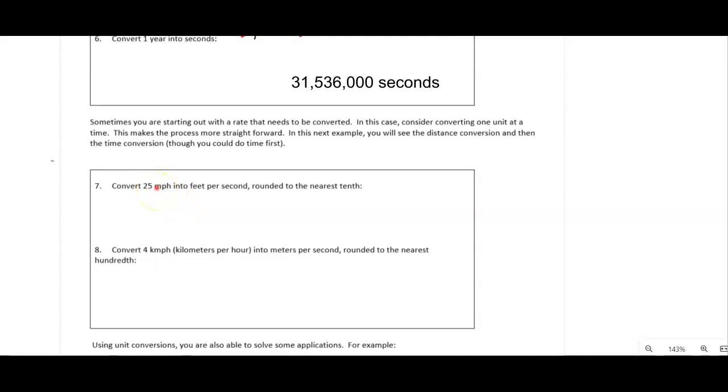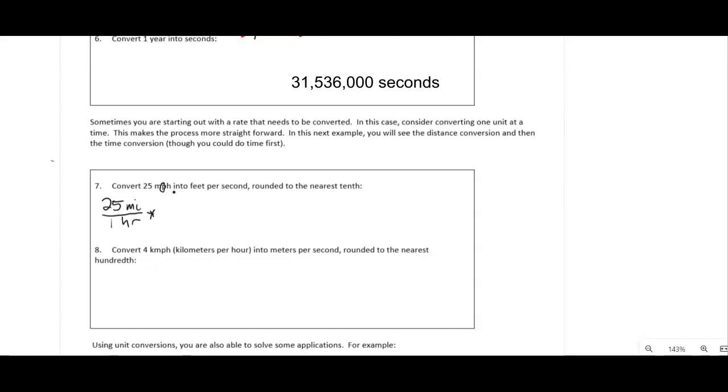So unlike our previous problems where we started by putting it over 1, we can put this over a unit. Let me demonstrate. So we have 25 miles. Now the word per is actually division, per hour. We can write 1 hour if we'd like, or we can just write the hours. So we already have a fraction.